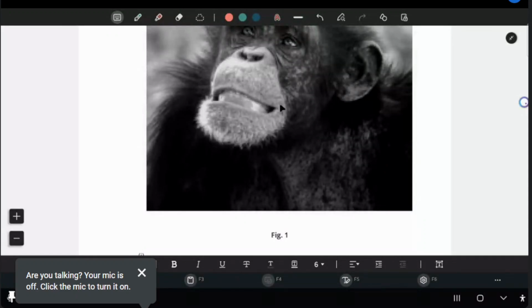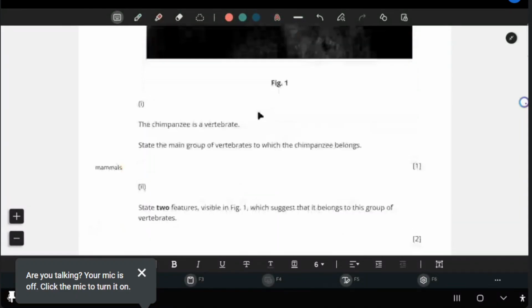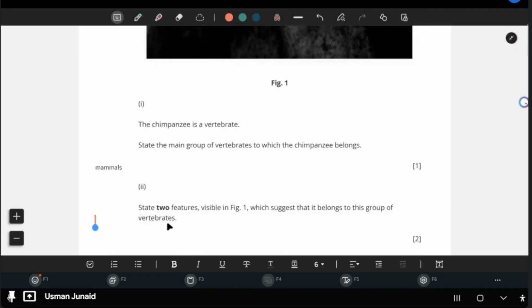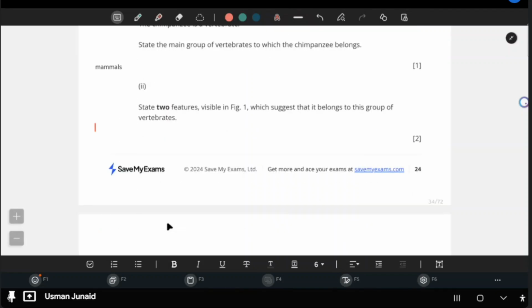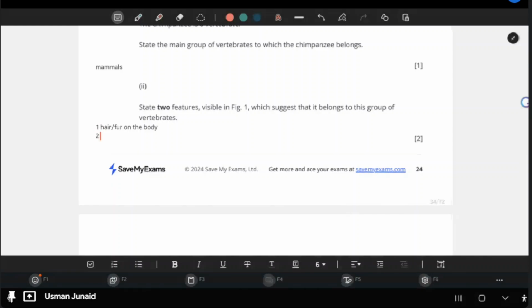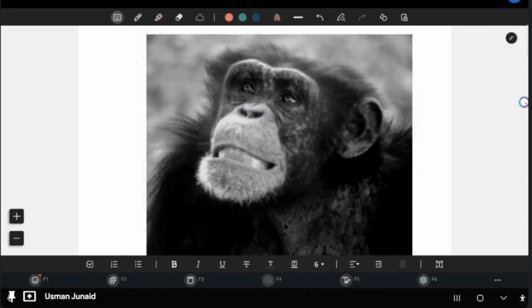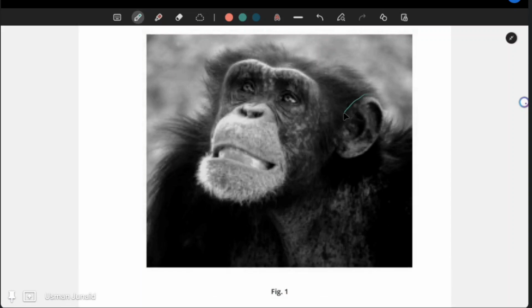Yes, fur. Can you appreciate fur, hair, on the body? Right. And another feature that you can see that is characteristic of mammals is external ears.